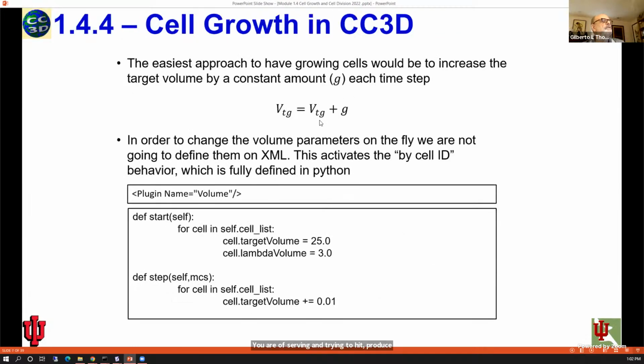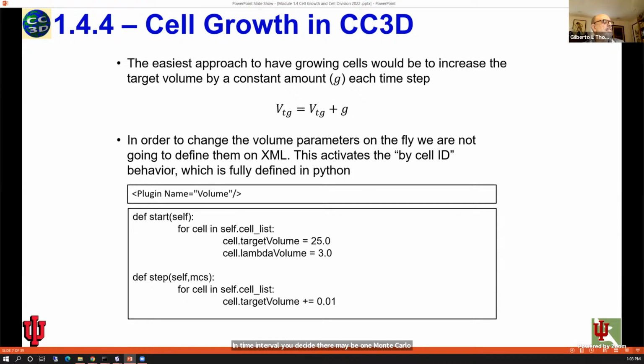Okay. Cell growth in CC3D is very easy to implement at first sight. You just have to add to the target volume of the cell a constant factor that will promote the growth at each time interval you decide, maybe 1 Monte Carlo step.